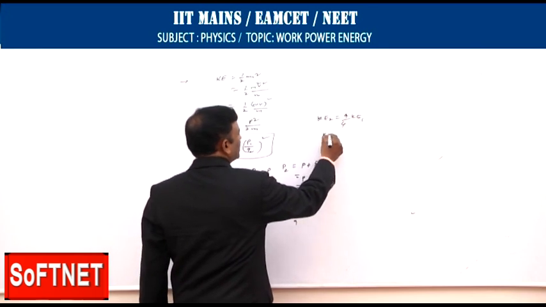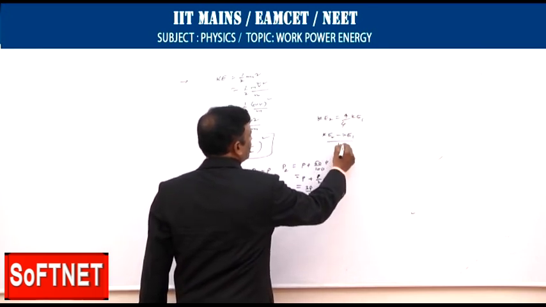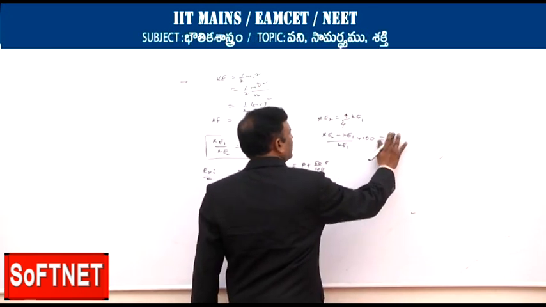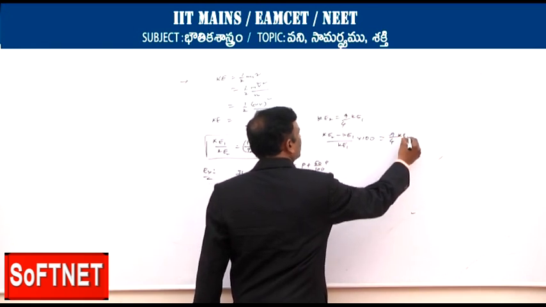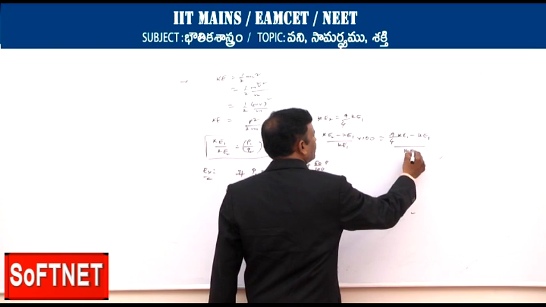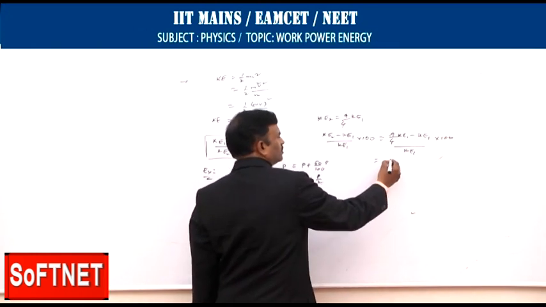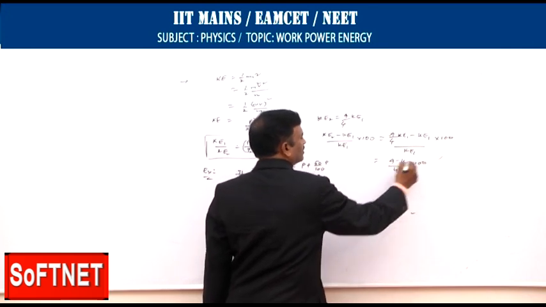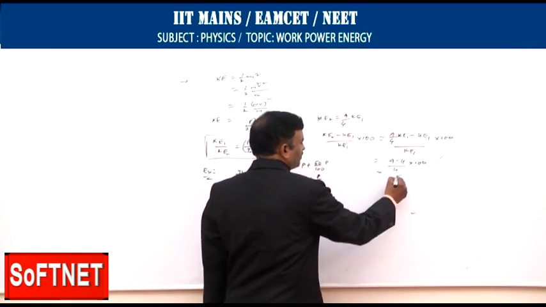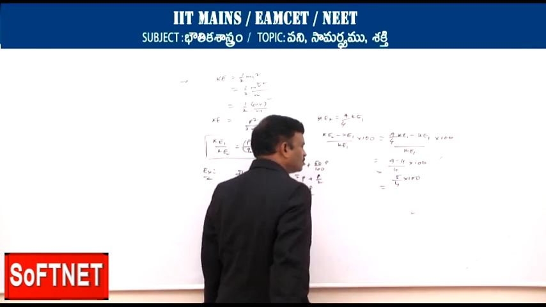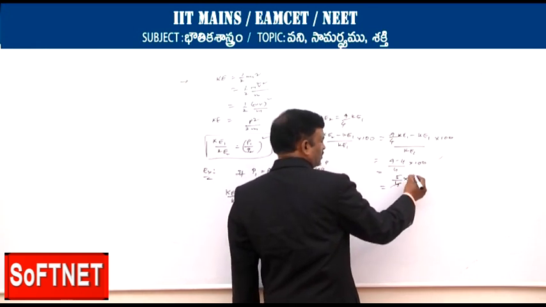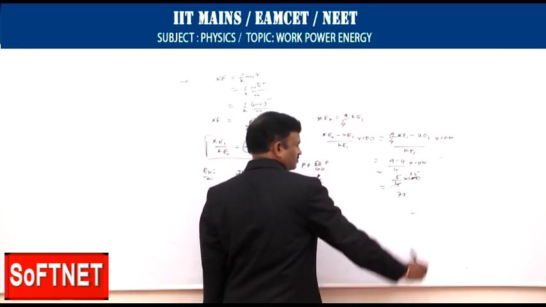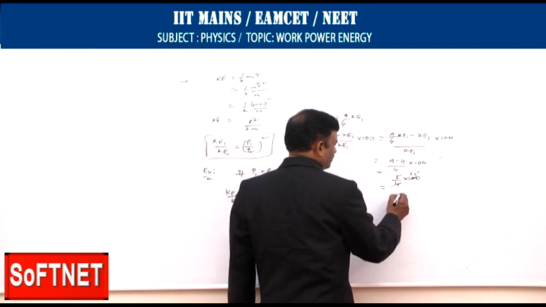So now change in kinetic energy, KE2 minus KE1 by KE1 into 100. KE2 is 9 by 4 KE1, so 9 by 4 KE1 minus KE1 by KE1 into 100, that is equal to 9 minus 4 by 4 into 100. 9 minus 4 is 5, 5 by 4 into 100, that is 125%.